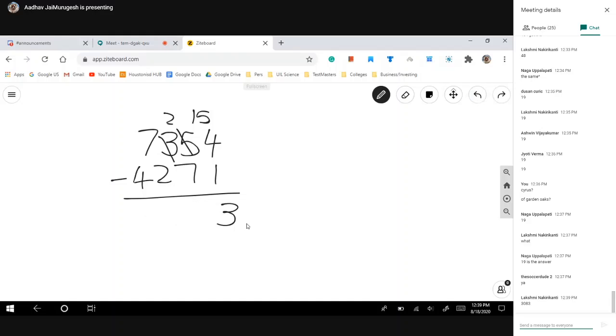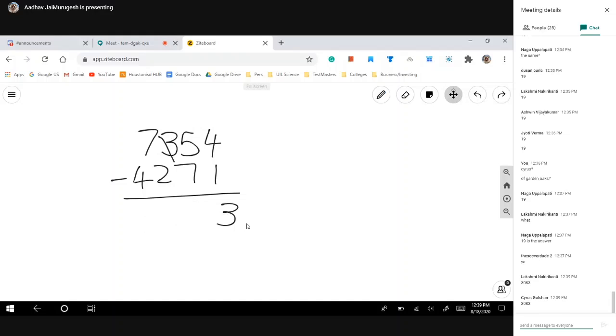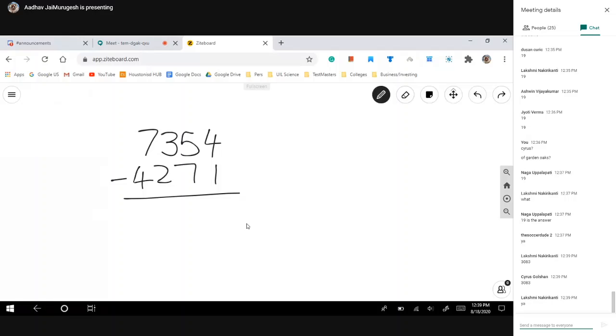But I'm going to teach you guys a really easy trick that's significantly faster. For this trick, you first determine if the top number is bigger than the bottom number. If it is, you just do it the normal way. So 4 is obviously bigger than 1, so we just do it the normal method, which gives you a 3. Then you move on to the next.